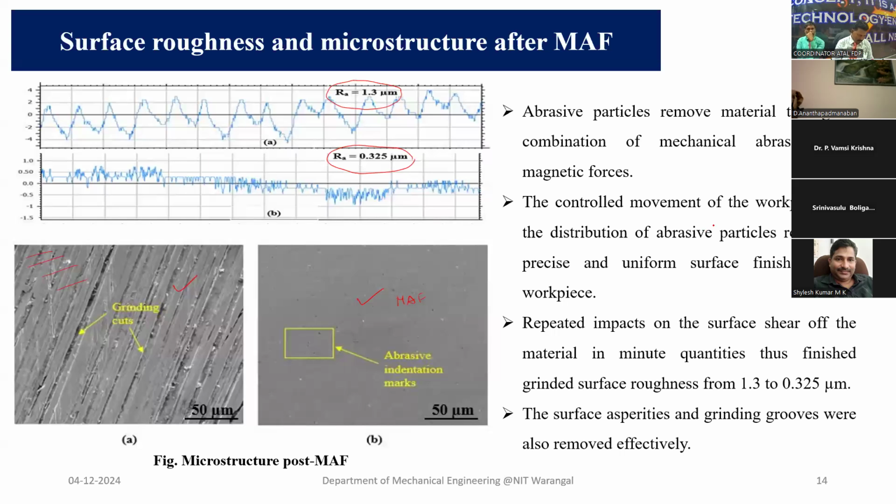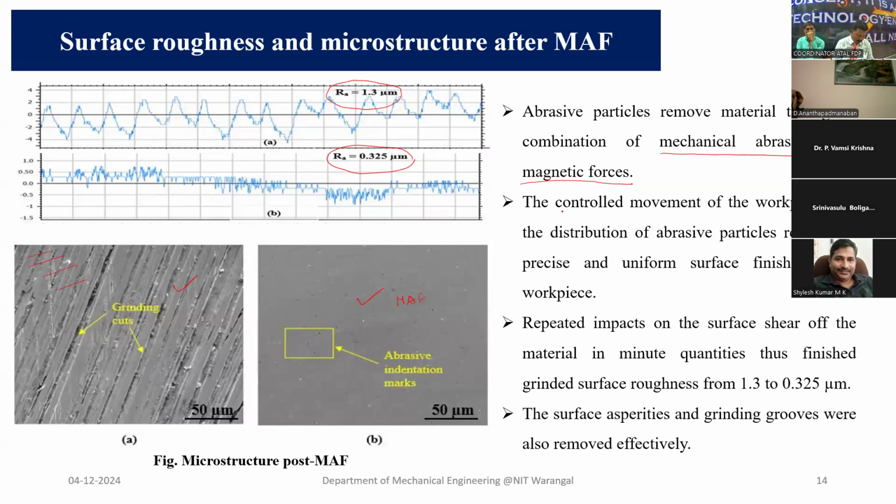So, what is happening here? The abrasive particles remove material through a combination of two things, that is mechanical abrasion and magnetic forces. Why? Because the magnetic forces are used to rotate the brush, and while the brush is rotating, the abrasive particles are striking the surface or rubbing on the surface and removing the asperities from the peaks.